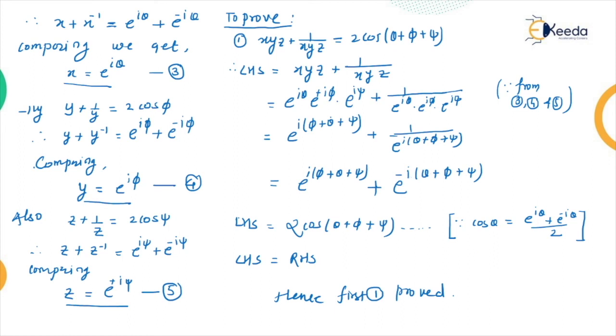So this is nothing but 2 cos of theta plus phi plus psi, by using the circular function formula, e to the power i theta plus e to the power minus i theta divided by 2. So observe this, what is LHS and what is RHS. So number one is proved. LHS is equal to RHS.